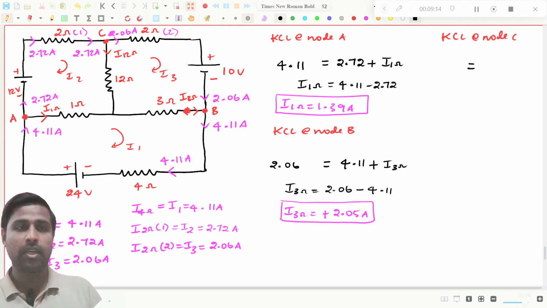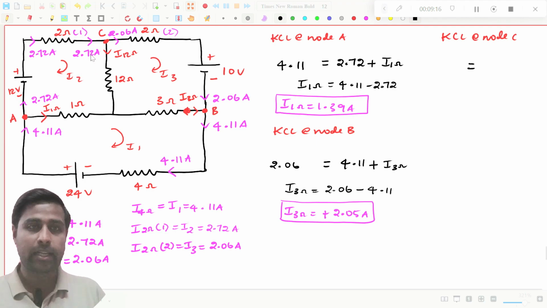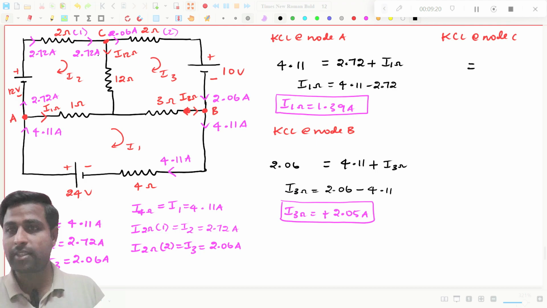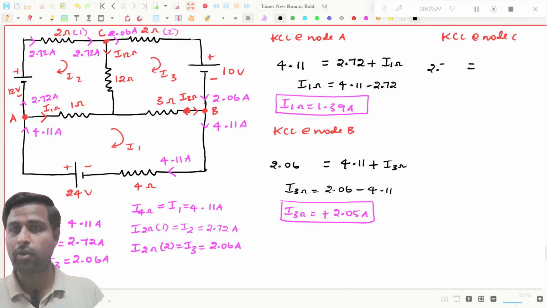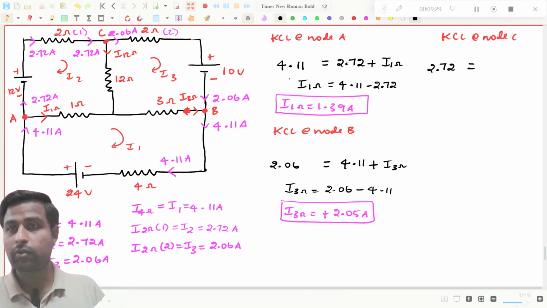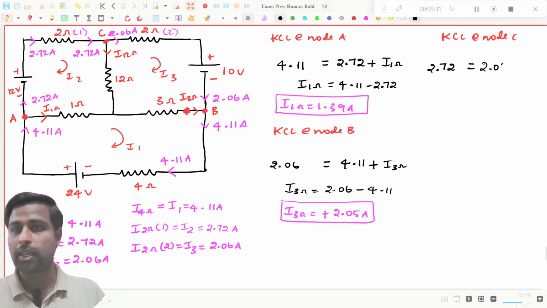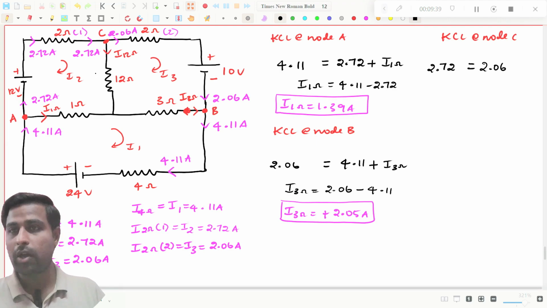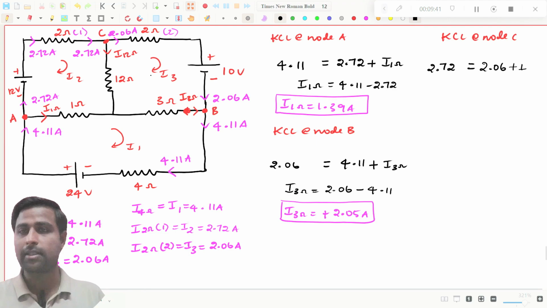Now I have to put an equal to symbol. You see this current, 2.72 amperes, is coming towards the node, right? So you have to put it on the left hand side, and 2.06 is going away from the node, so you put it on the right hand side. Also this I 12 ohms will leave the node, so you put that also on the right hand side, that is I through 12 ohms resistor.